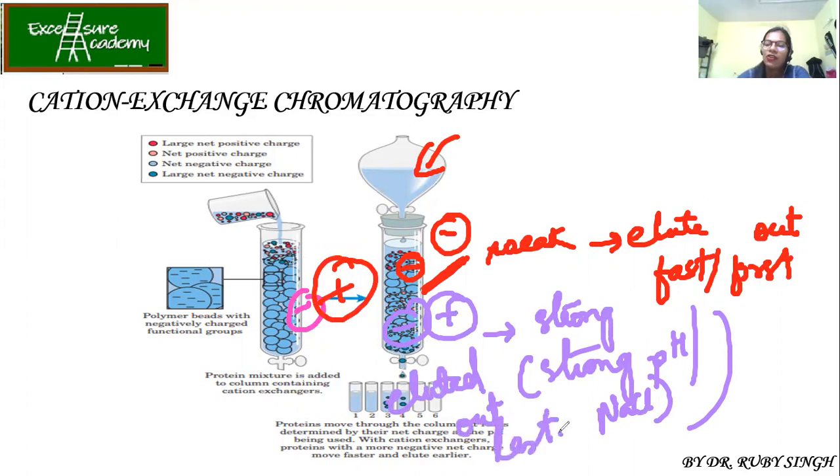Okay, so if you have negatively charged proteins, those will be eluted out first, and if you have positive charge, then it will be eluted out last. And it is just the opposite in the case of anion exchange chromatography.